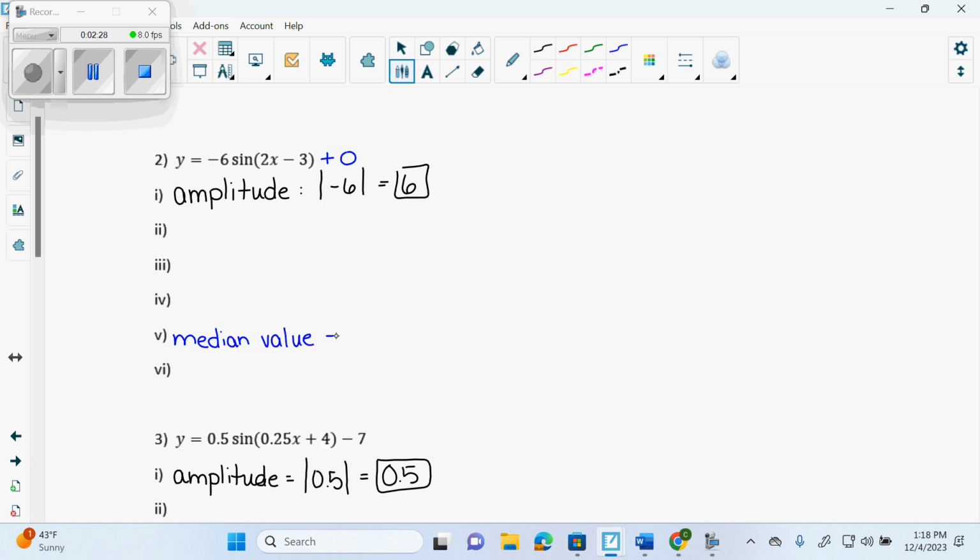My median value equals 0. We agree? Then I have midline. My midline is what? Y equals 0. It's just the back number. It's your D.